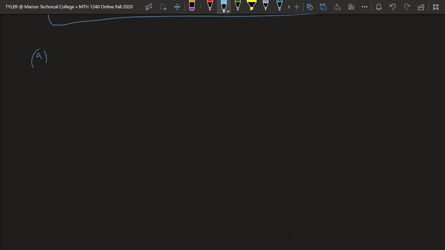So part A says, let's say the standard deviation is 25. So in other words, here your mean is 900, your standard deviation is 25, and we're considering the data value of 1,000. We want to know, is it far away?